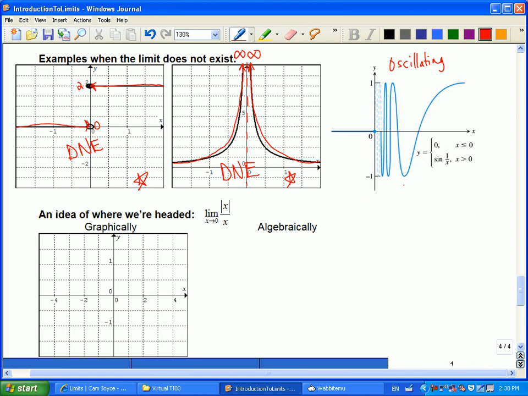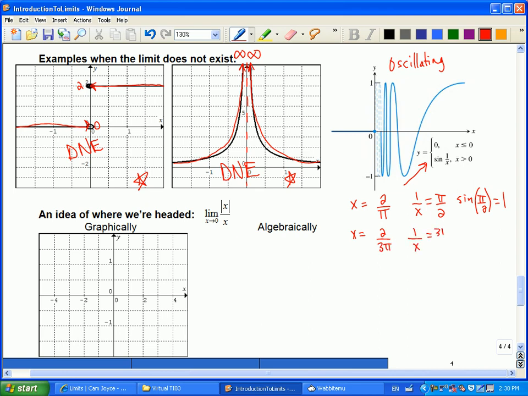This is the function. What happens if I use x equals 2 over pi? 1 over x is pi over 2. Sine of pi over 2 is 1. Okay? The next value I'm going to pick for you is going to be 2 over 3 pi.